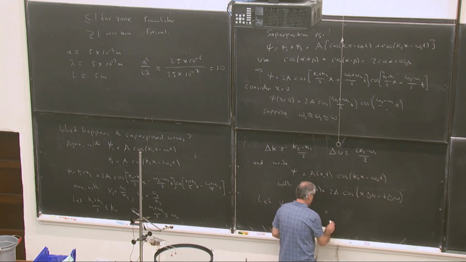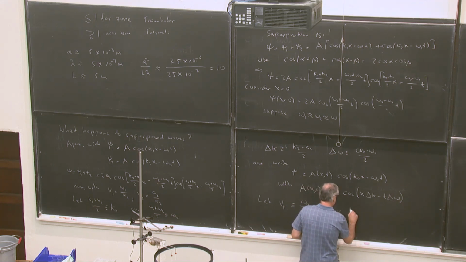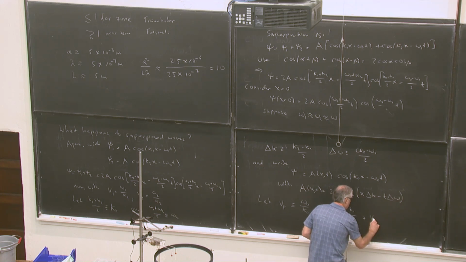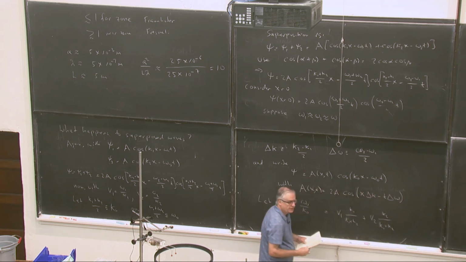If I express it in terms of wave numbers, this is just a weighted average of our two velocities, where the weighting is by the wave number.